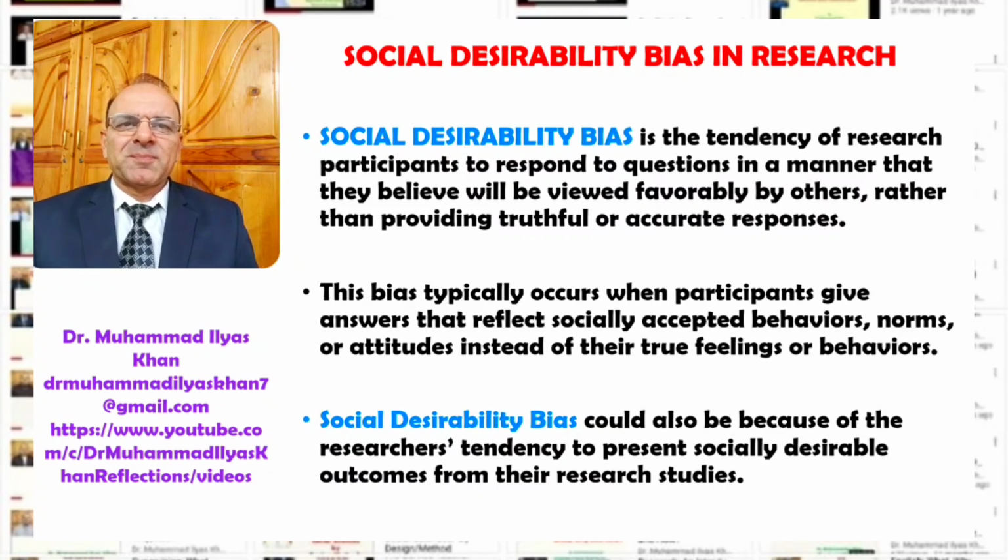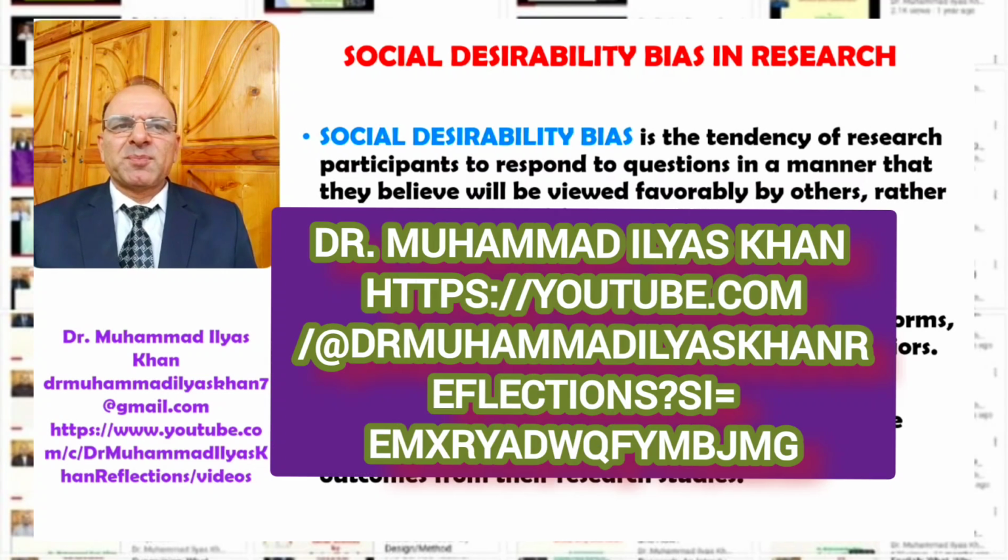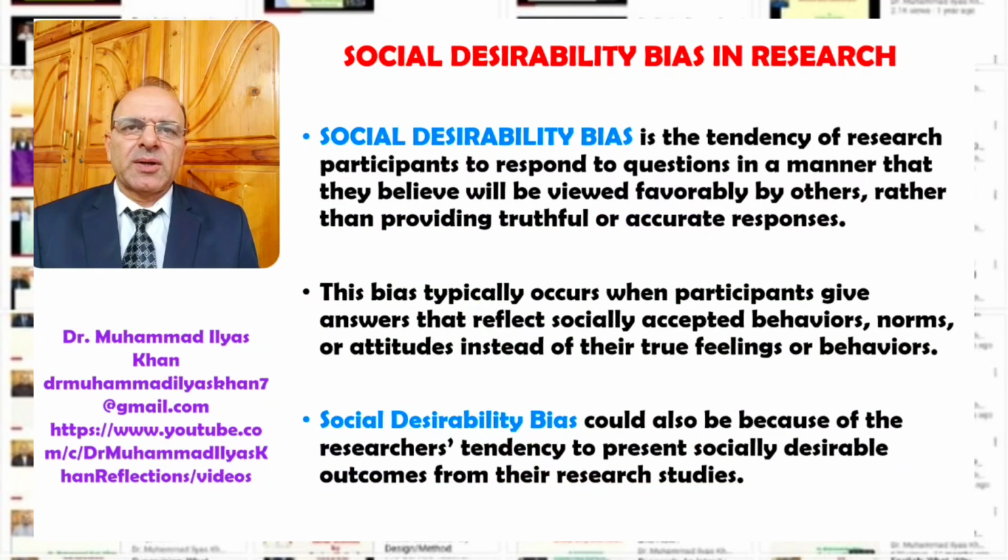So, first, social desirability bias is basically a bias, so it's a tendency on the part of the research participants to respond to questions, for example, interview questions or survey questionnaire questions, in a manner that they believe will be viewed favorably by others.